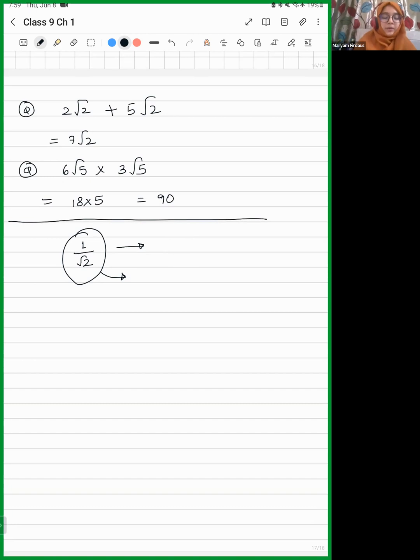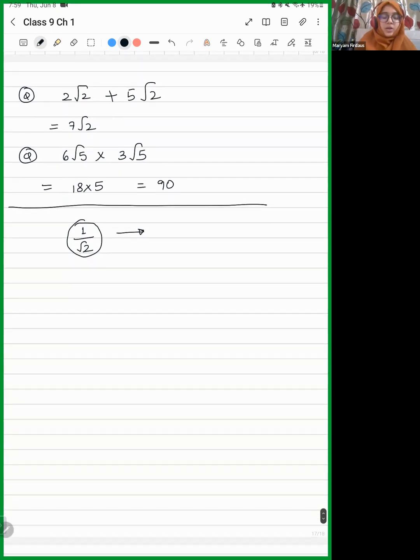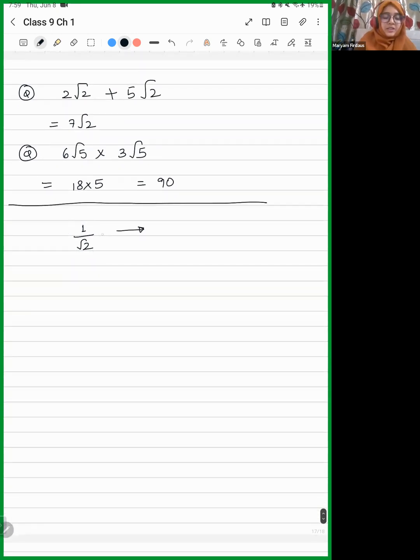If I ask you where 1 by root 2 is on the number line, you're going to struggle. So we're going to rationalize the denominator.